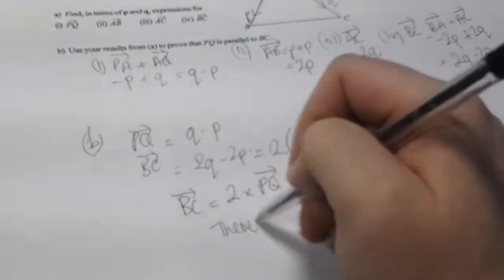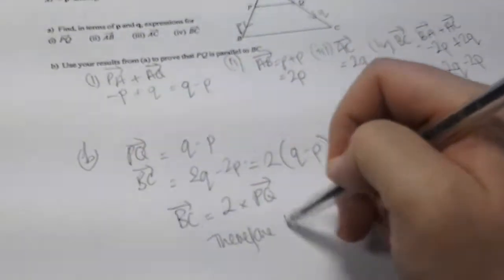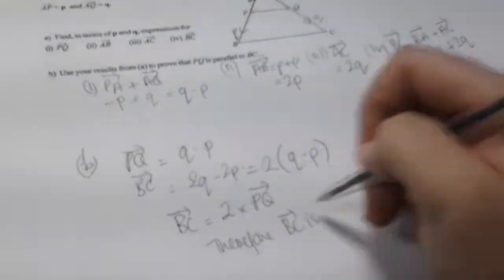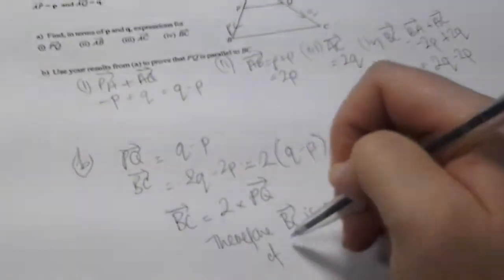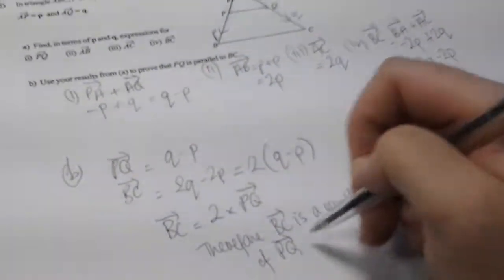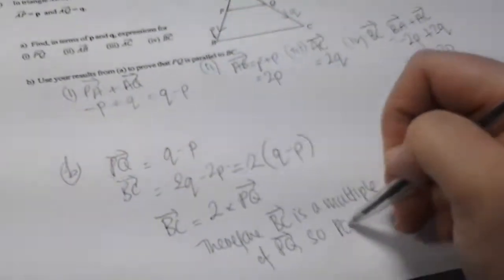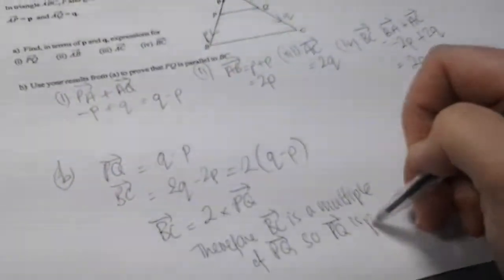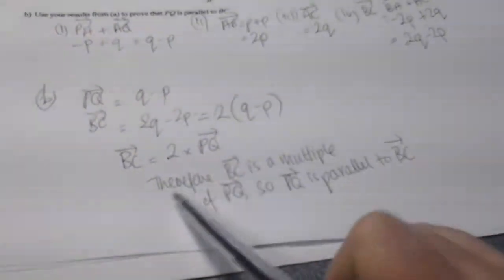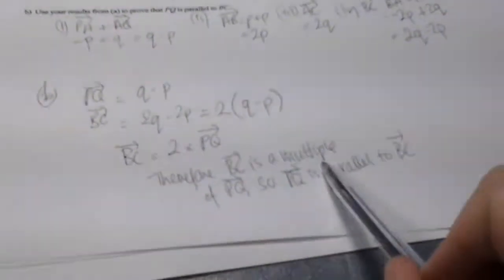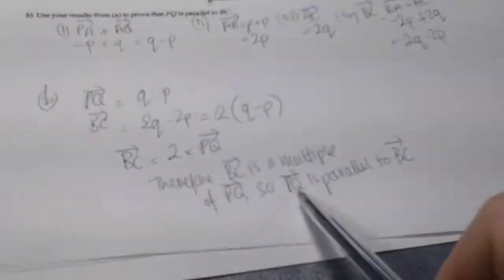Therefore, BC is a multiple of PQ, so PQ is parallel to BC. This is like the stock phrase that you need to add in. You must finish up with a sentence to show that you know what you've proved. So therefore BC is a multiple of PQ, so PQ is parallel to BC.